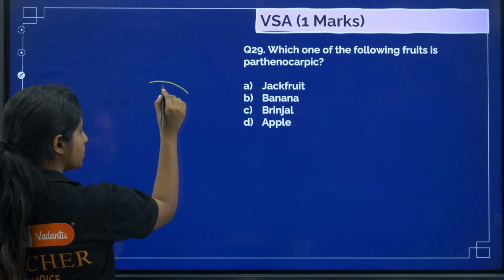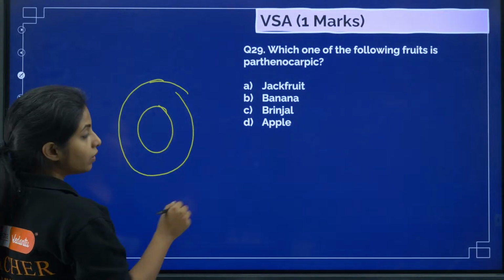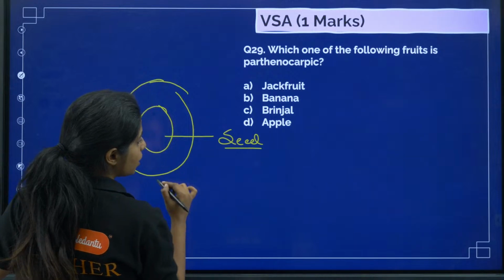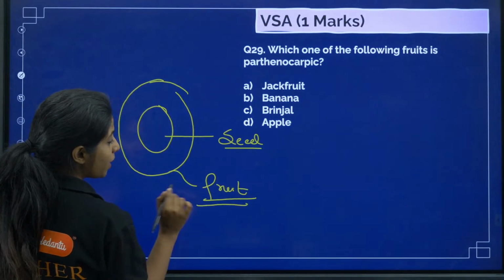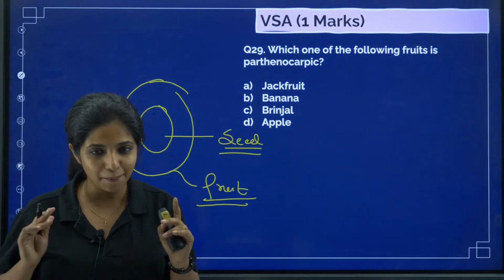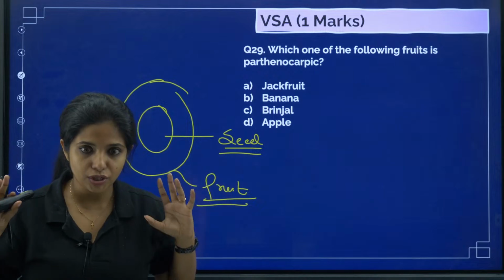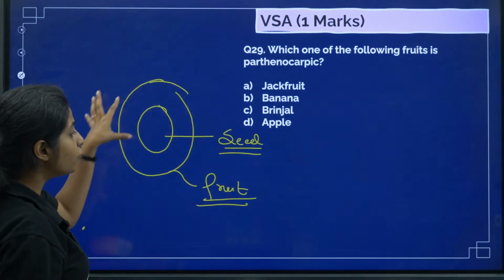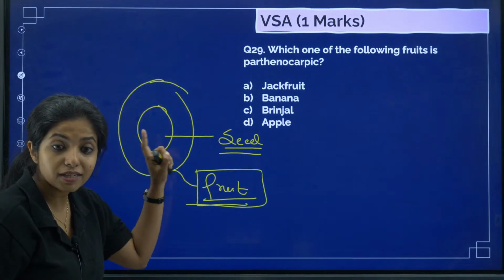Parthenocarpy is when, listen to me carefully, suppose this is the ovary and inside that you have the ovule. When fertilization happens, this ovule is the one that will become the seed. What happens to the ovary? It becomes the fruit. Now there is a magic happening in some plants. Without fertilization, without fusion of gametes, the ovary turns into a fruit.